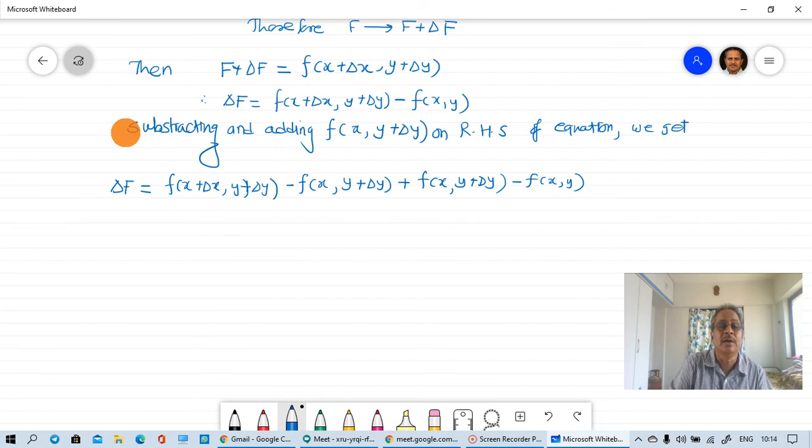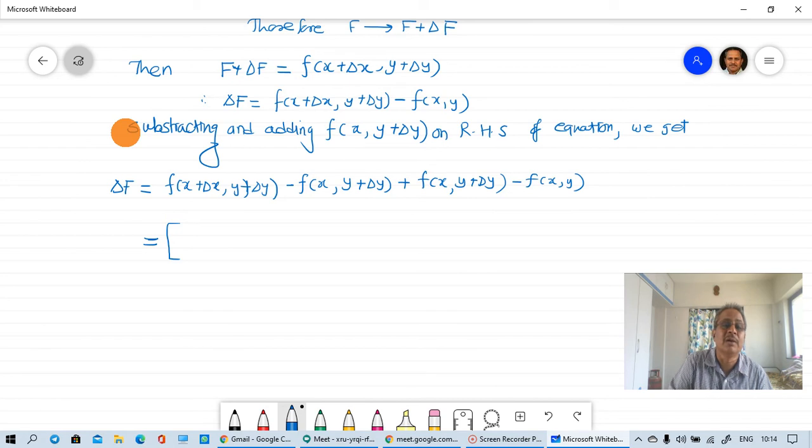Now the next arrangement is like this. We write in the square bracket, divide the first two terms by delta x and again multiply by delta x. On the right hand side, if I divide and multiply any term by the same term, it also remains unchanged.